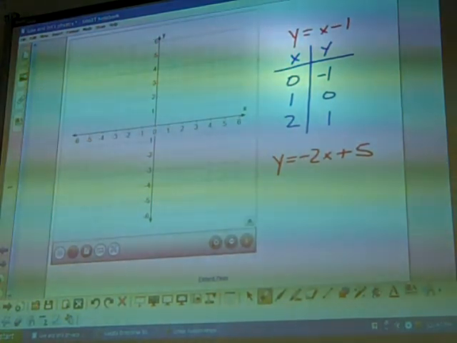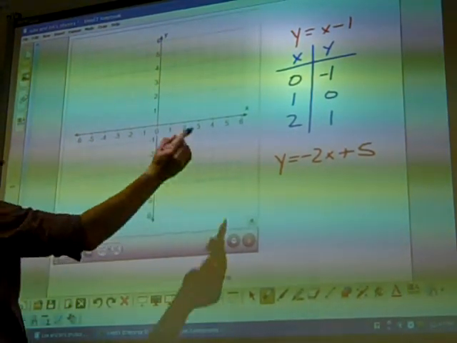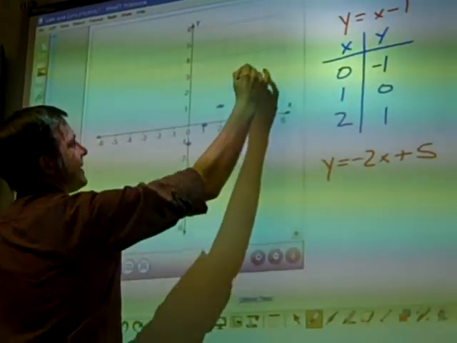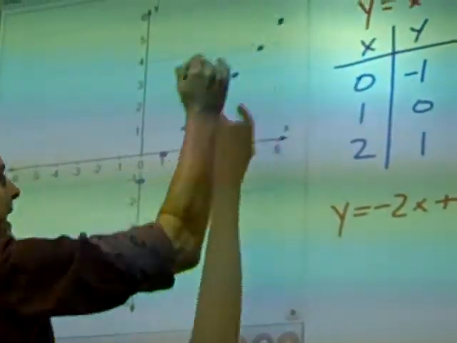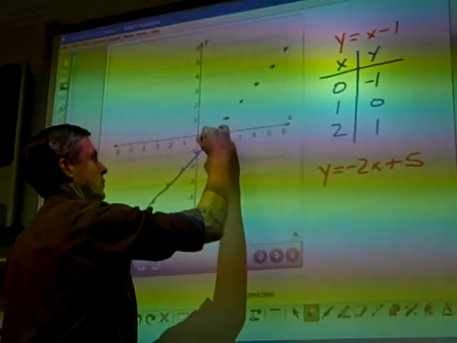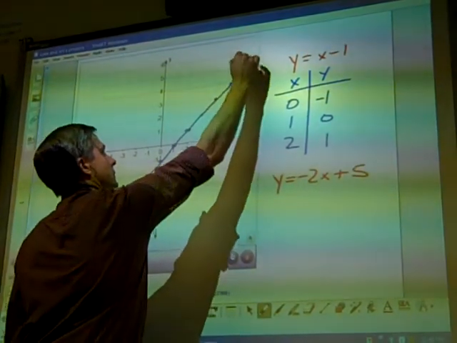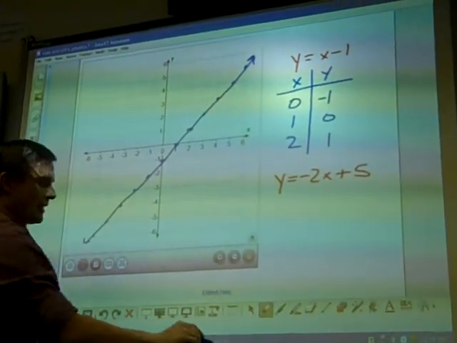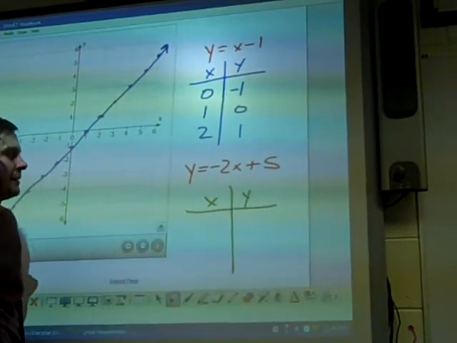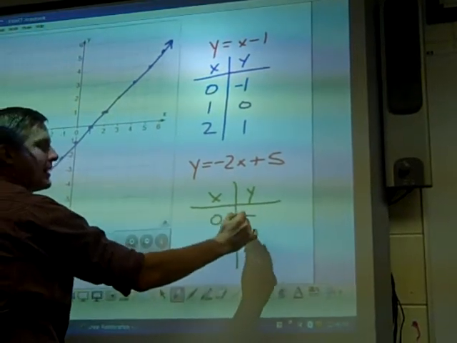Every time I increase x by 1, y increases 1. I plot those points. And again, you can see the pattern. I'm just doing the dots on the pattern line. There's my blue line. If I do the other one in green, plug in 0, I get 5.